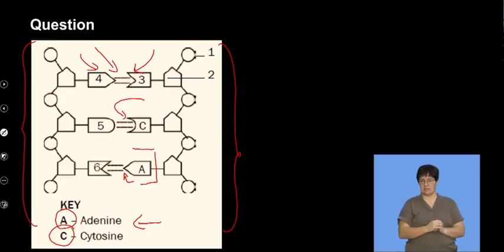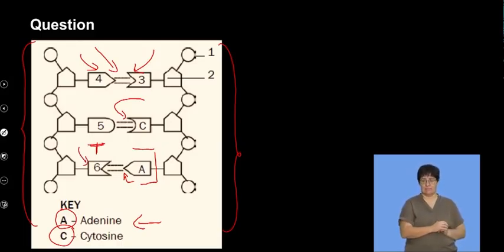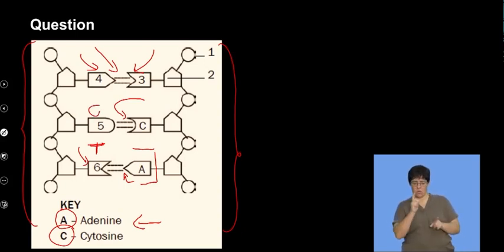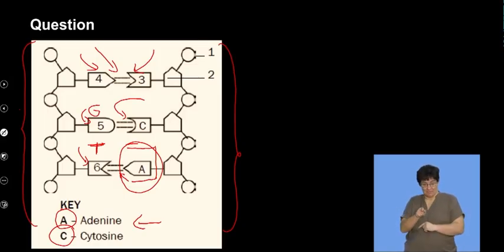So using our principles of complementary base pairing, we know that adenine will always base pair with a thymine. So this complementary nitrogenous base on the other end is going to be a thymine. And likewise, cytosine base pairs with guanine, and hence that number 5 is going to be a guanine base. So using the shape of A, we can figure out what the bases for number 4 and 3 are.